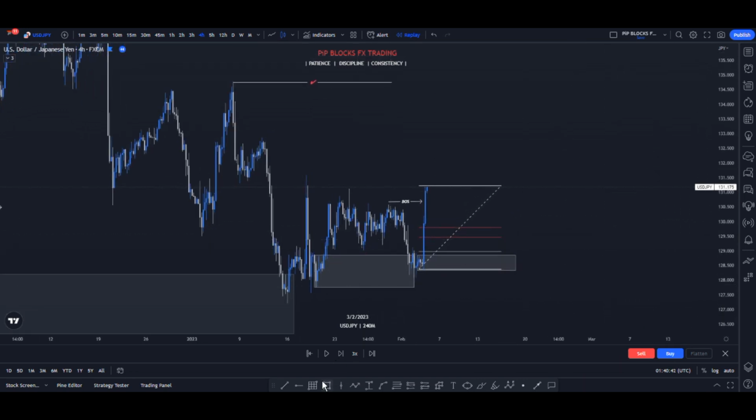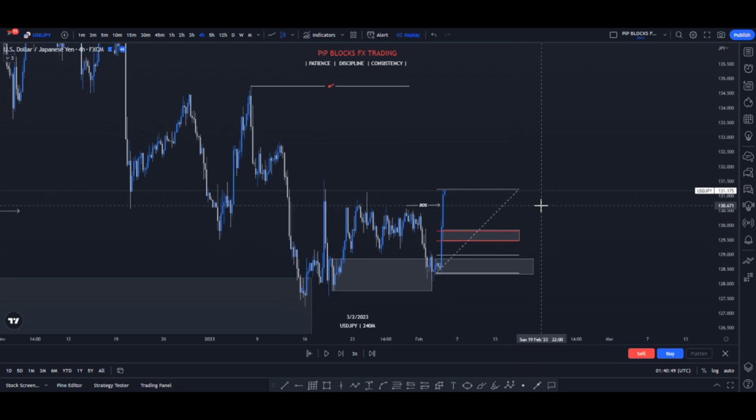So I used my Fib up to this place and marked out that zone. I used my Fib and expected the market to trade between this place. That's basically why I marked out that zone.